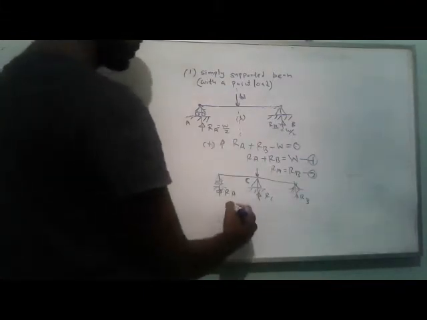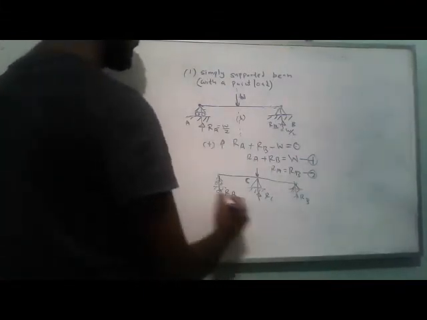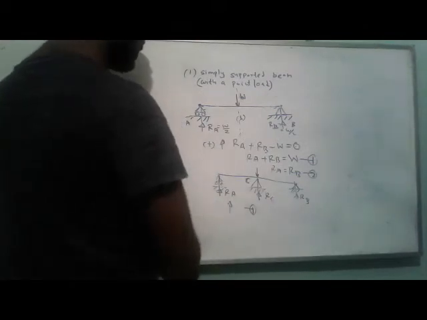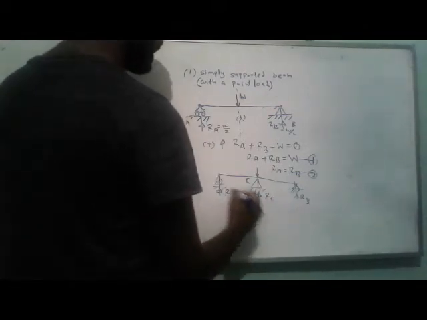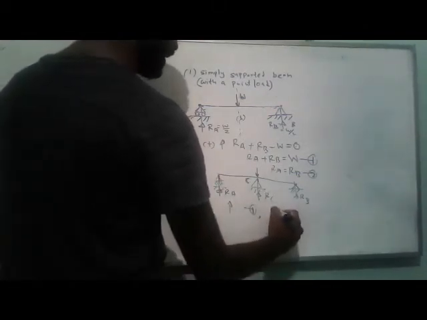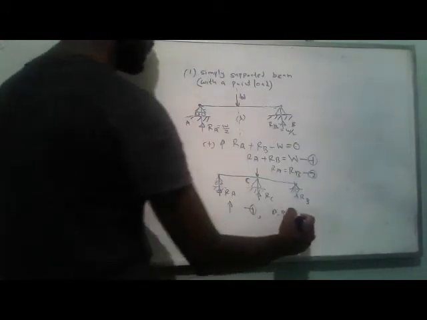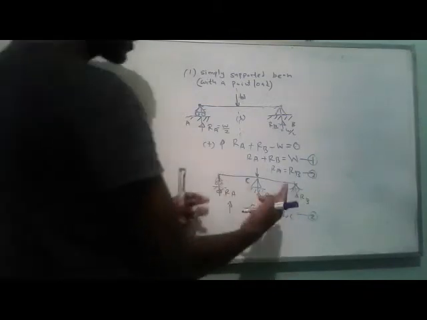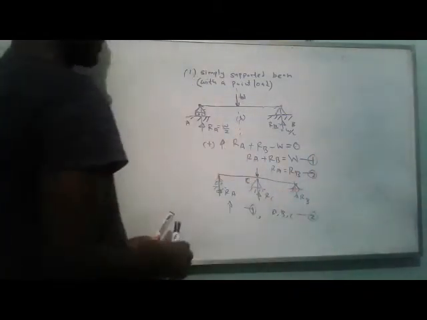Then what you can do is resolve in the upward direction to get the first equation, and take moments about point C to get a second equation. But you cannot get a third equation here.